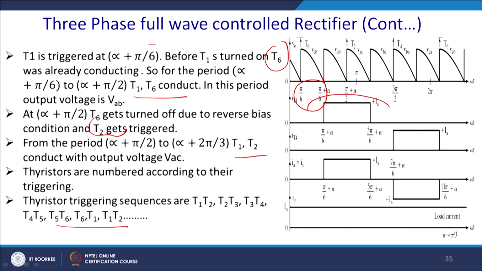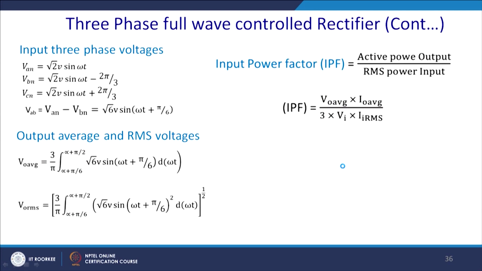This is the current through the thyristor T1 and this is the current through the thyristor T4, that is the lower leg of phase A, and thus the load current. So, the source current will be this and the load current will be this. Since it has a positive and negative cycle, it can be used with a transformer also, so it does not lead to saturation of the transformer.